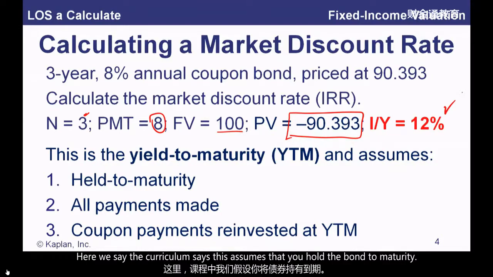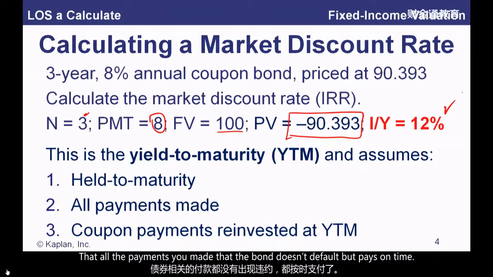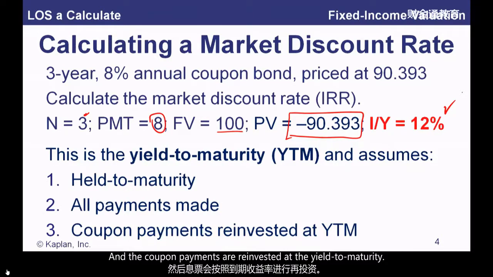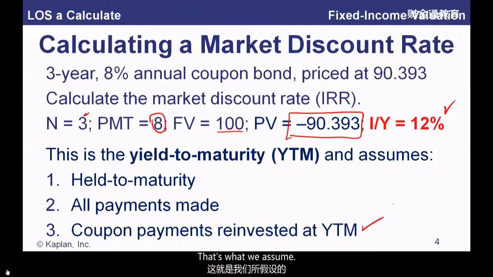And here the curriculum says this assumes that you hold the bond to maturity, that all payments are made, the bond doesn't default and pays on time, and the coupon payments are reinvested at the yield to maturity. That's what we assume for this calculation.